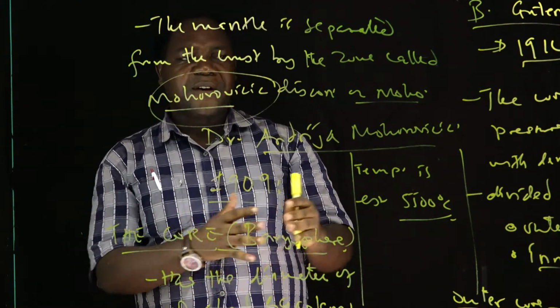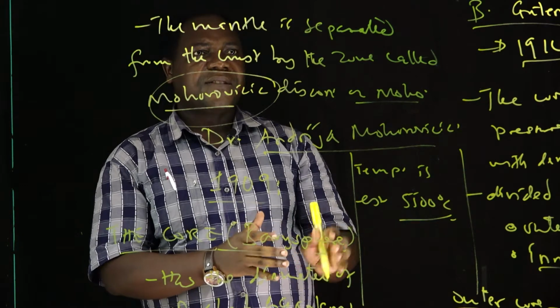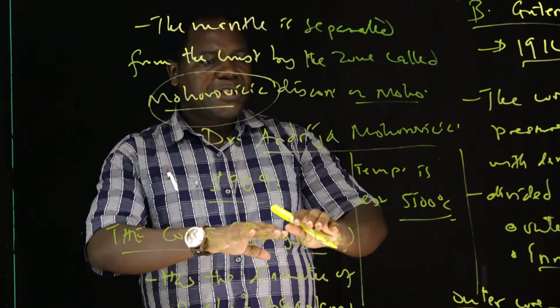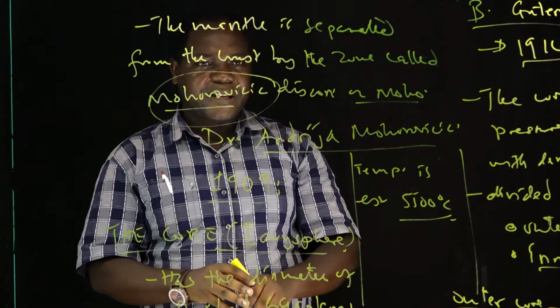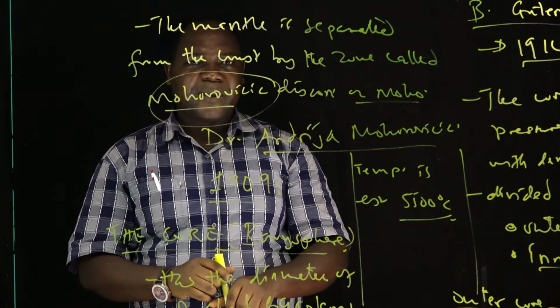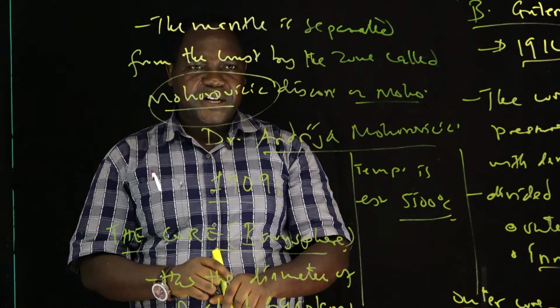And again, we have discussed the core, that is the outer core and the inner core, with all their characteristics. Now let us wind up by seeing the diagram that explains in general the Earth's internal structure.